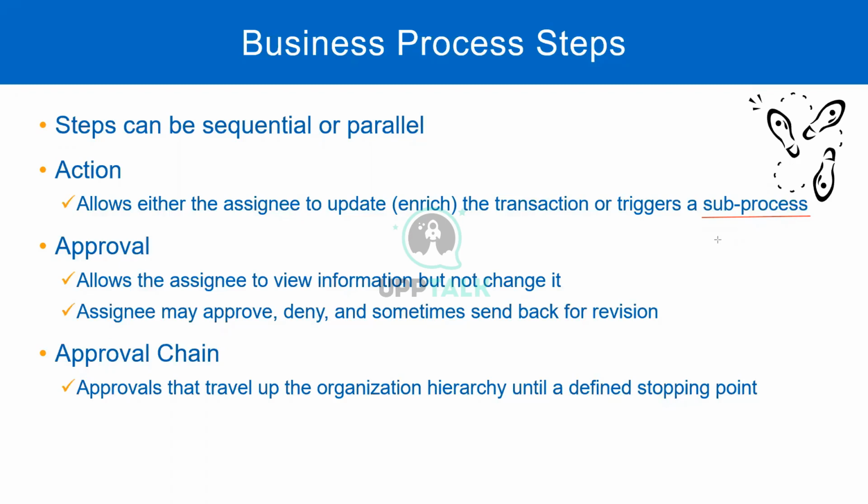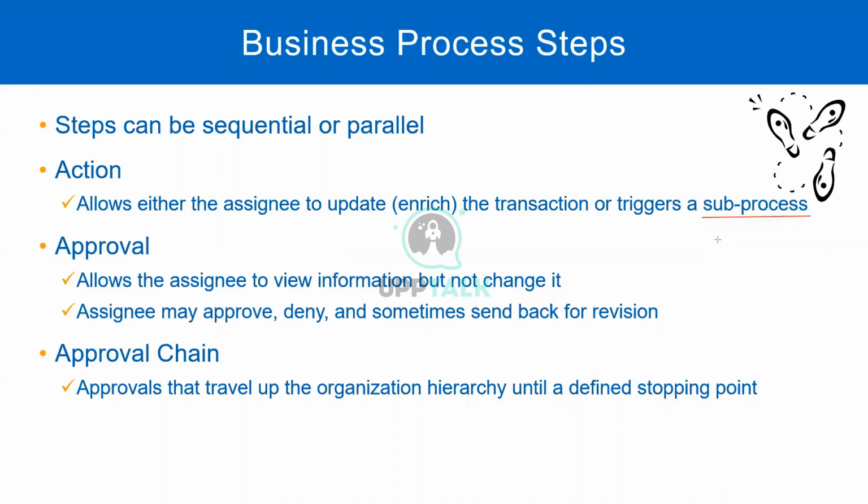Now how far up the hierarchy will it go? Manager, manager, manager, and so on. Will it keep going up the hierarchy? It will, unless you define a stopping point, and you will see an exit criteria.